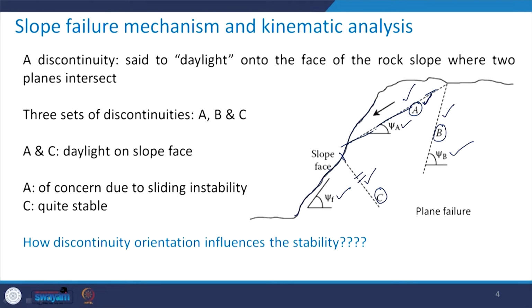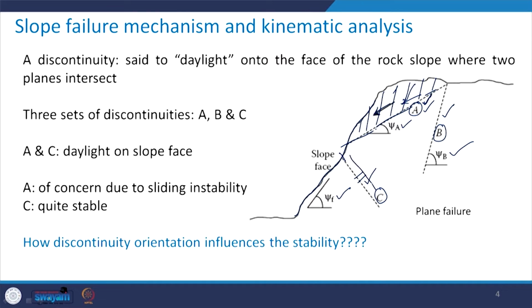The mass of the rock which is on top of this discontinuity will have a tendency to slide in this direction along this discontinuity A. As far as the discontinuity C is concerned, it is quite stable, because although it is daylighting the slope face, you see the orientation of this discontinuity, which is like this.